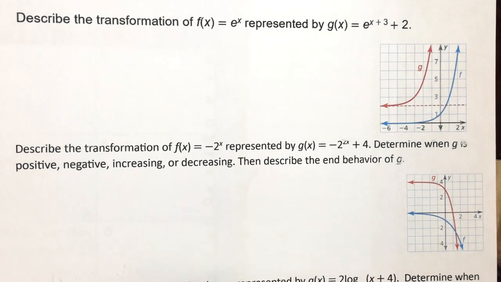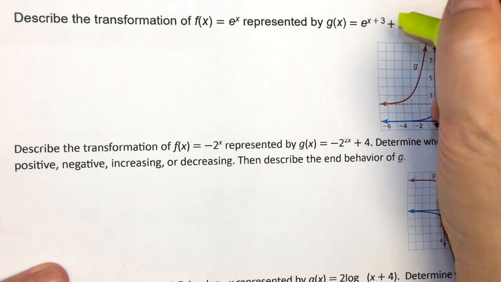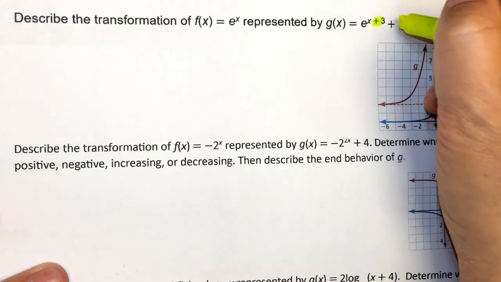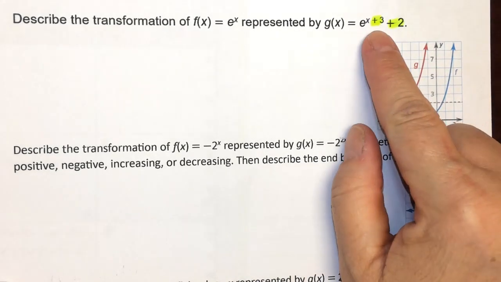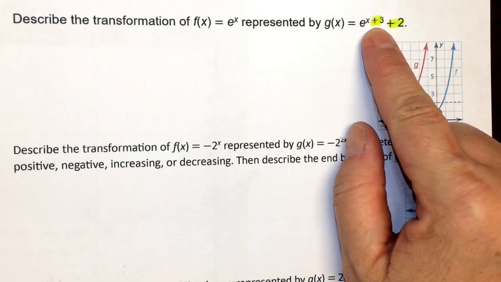So the second question. All right, describe the transformation of f of x equals e to the x power represented by g of x equals e to the x plus 3, plus 2. All right, so what did we change? This is the only part that was added to it. And if you look at your first page, if you have a plus 3 in your exponent, that's a left or right translation.